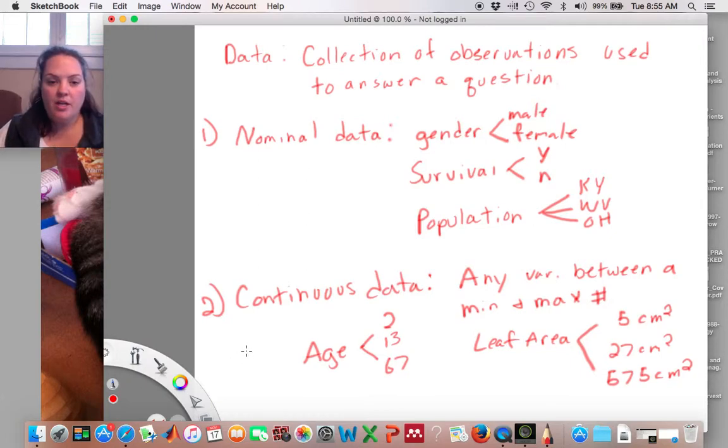Okay, another example of continuous data could be, for example, growth in terms of height. So however many, 1 meter to 1.1 meters in height, that would be continuous data. So we know what nominal data are, we know what continuous data are. Before I get into a data set, let's talk a little bit about variables.